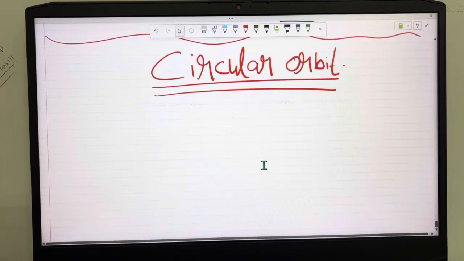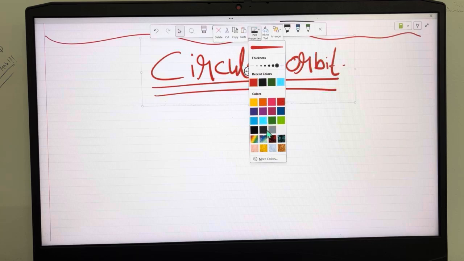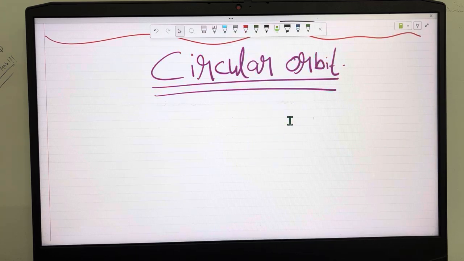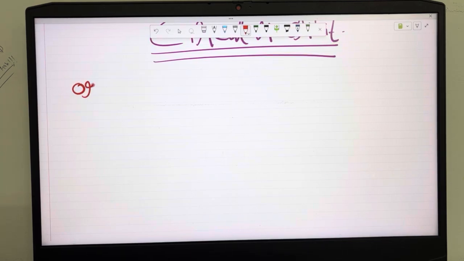Let's start. The first topic is orbital. This orbital and circular are the same: circular energy.